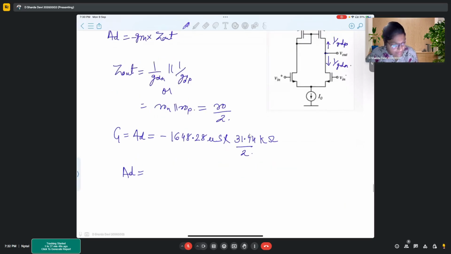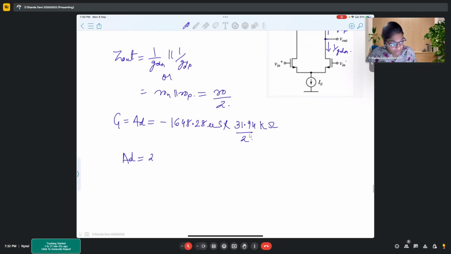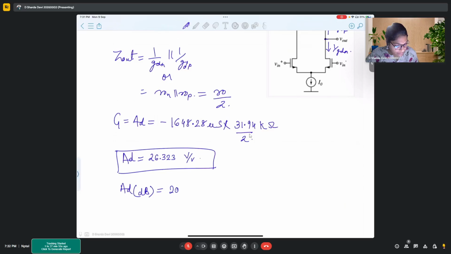So AD in volt by volt turns out to be 26.323 volt by volt. And the similar gain when we want to calculate in dB would be 20 log 26.323, which comes out to be 28.41 dB.